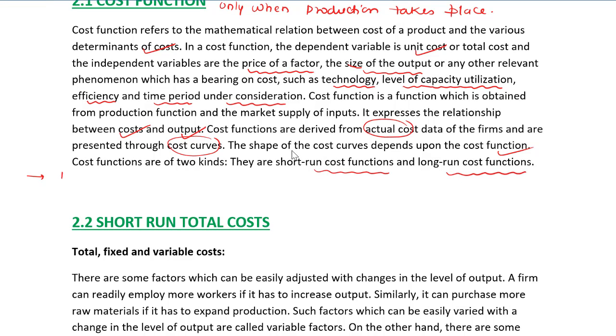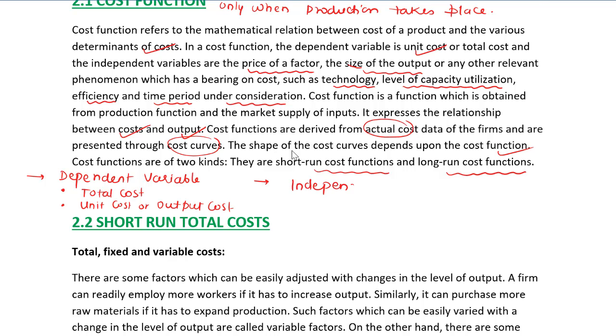In cost function, you can write dependent variable. What are the dependent variables? Total cost, unit cost, or output cost. These all are the dependent variables.